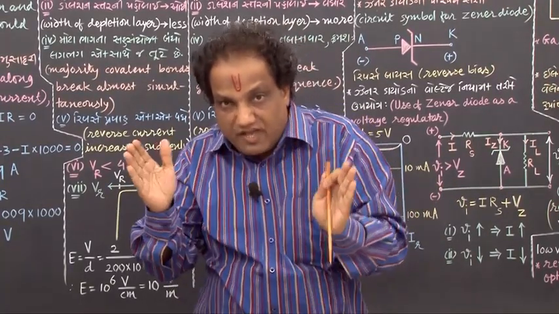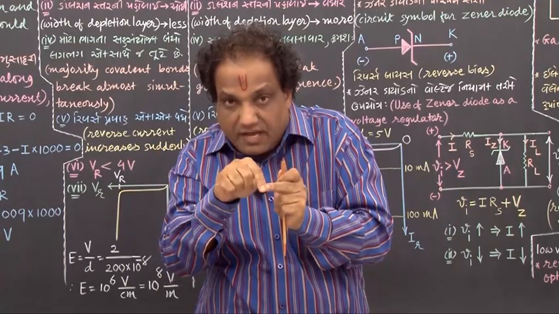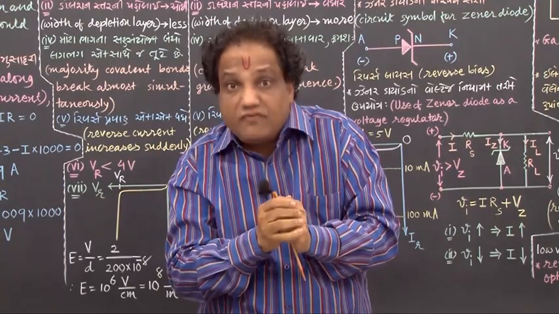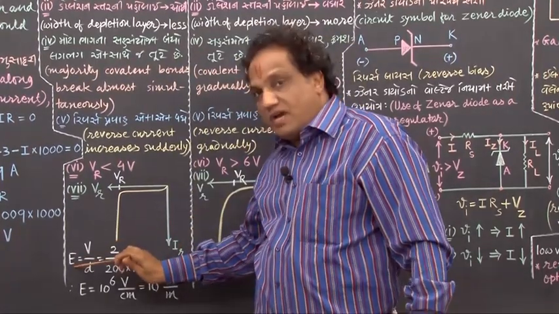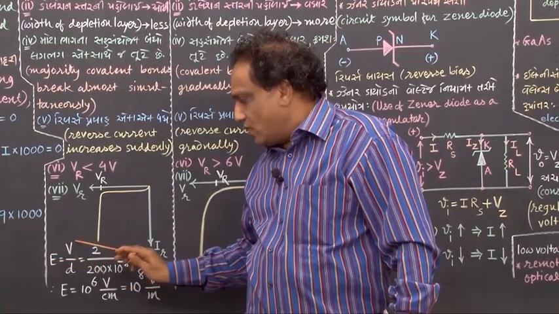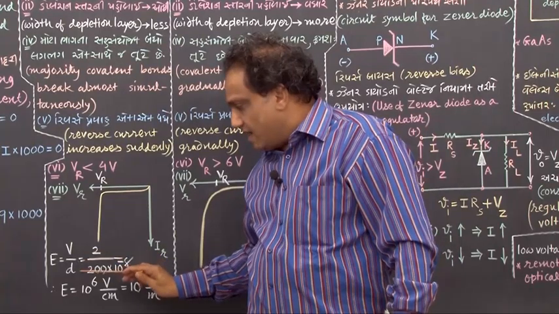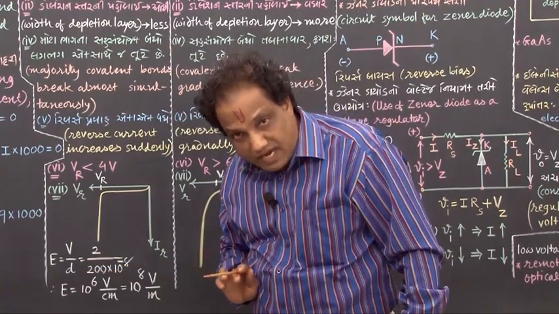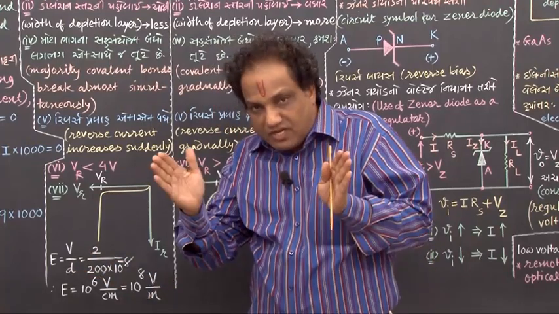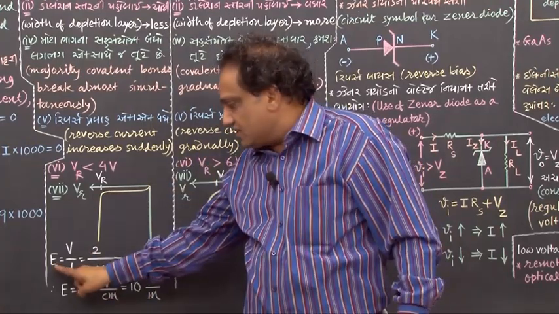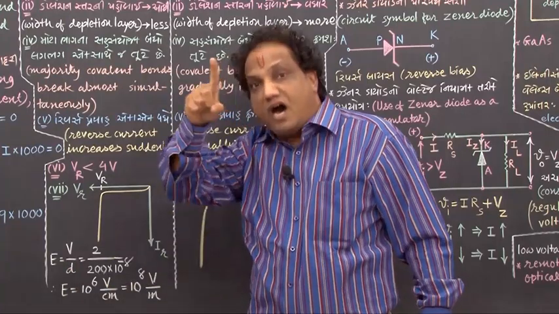If the depletion layer is very narrow, then inside the depletion layer the electric field will be very strong, because the electric field strength formula is potential difference V divided by perpendicular separation, E equals V upon D. If the width of the depletion layer is very small, naturally the strength of the electric field will be very large.